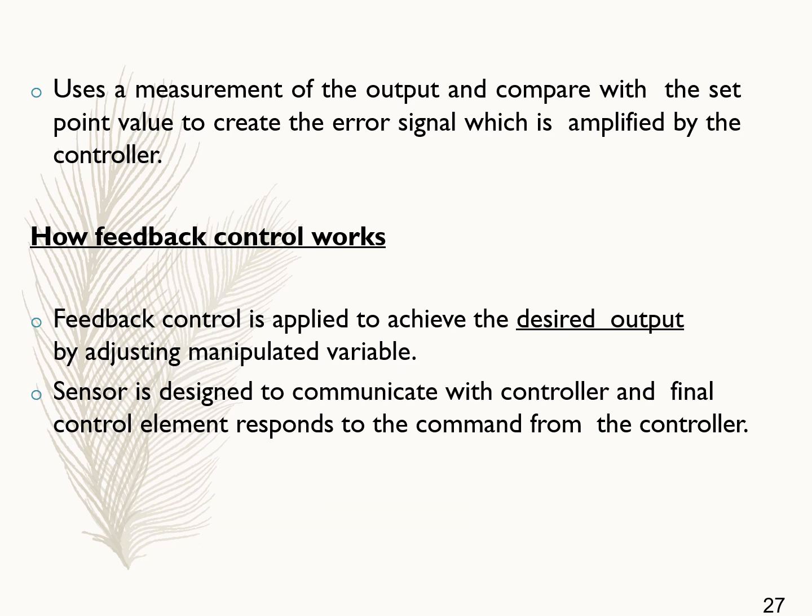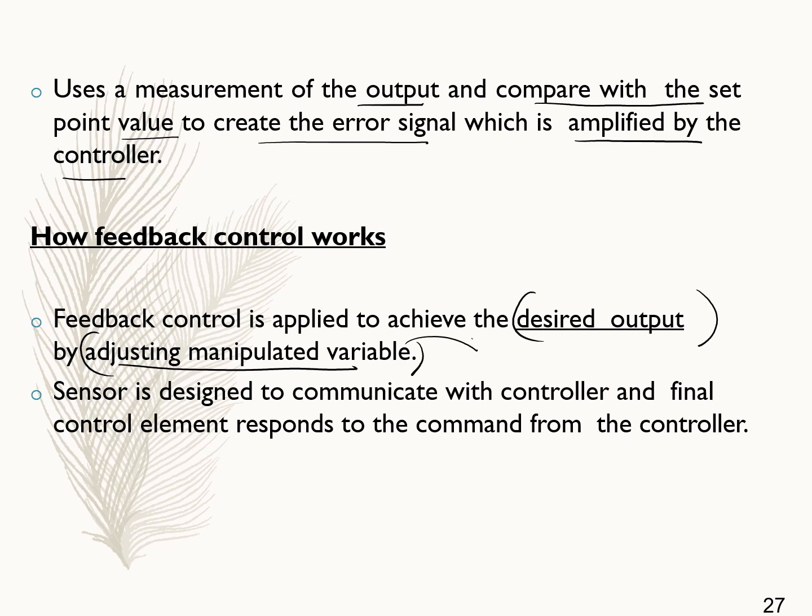Okay, so a closed loop system uses a measurement of the output and compares it with the set point value to create the error signal, which is amplified by the controller. This is what I was saying just now. How does feedback control work? Feedback control is applied to achieve the desired set point by adjusting the manipulated variable. Remember just now, the manipulated variable is steam in, right?